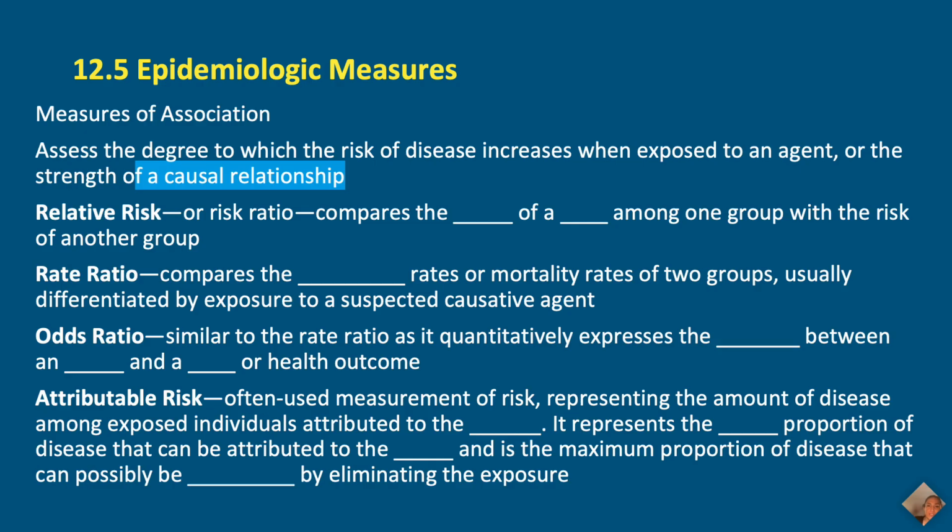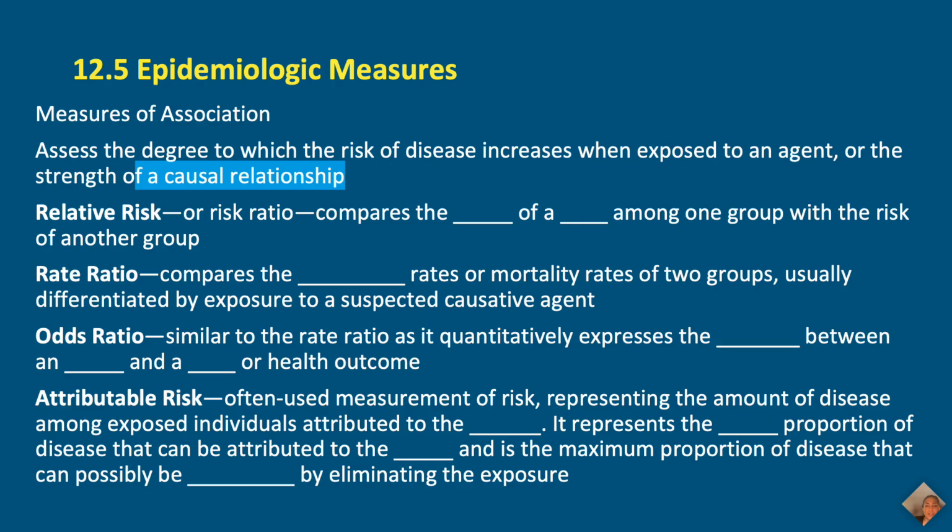This is also known as the risk ratio, and it's comparing the risk of a health event among one group to the risk of another group. And then the rate ratio, this is really looking at the incidence, the number of new cases or mortality rates of two groups. It's usually differentiated by exposure to a suspected causative agent.